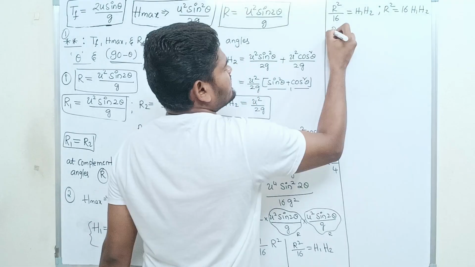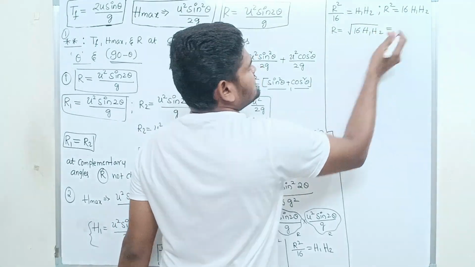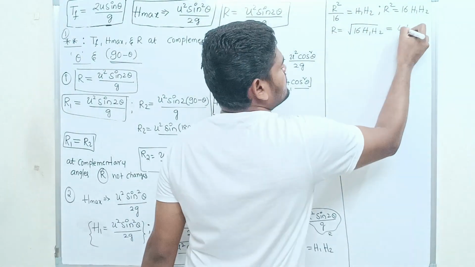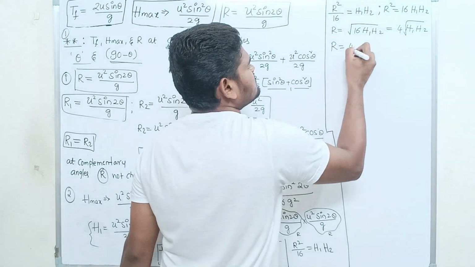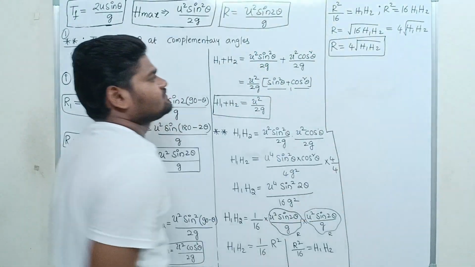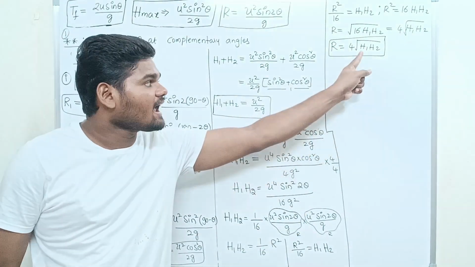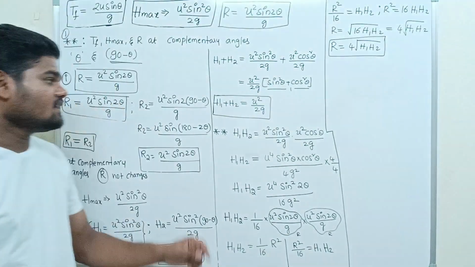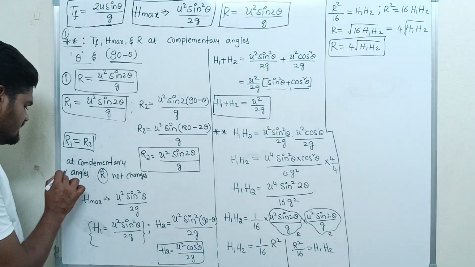If the square goes to that side, it becomes root over 16 into H1 H2. Taking 16 out of the root, it becomes 4 into under root H1 H2. So range is equal to 4 into under root of H1 and H2. That's it. So this is the relation between range and heights H1 and H2 at complementary angles. Okay, right.